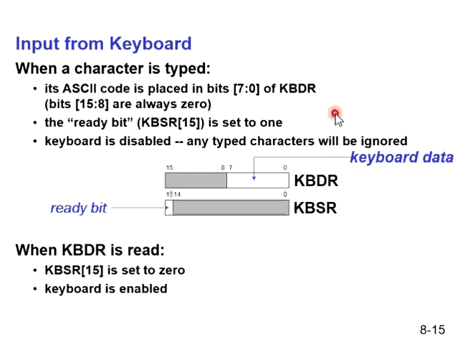So it's 1 to say that now we have a character in our data register, and we can use it. At that time, the keyboard is disabled, which means we cannot input any other character. And when the data register is read, bit 15 is set to 0 and the keyboard is enabled. That means we can enter another character.